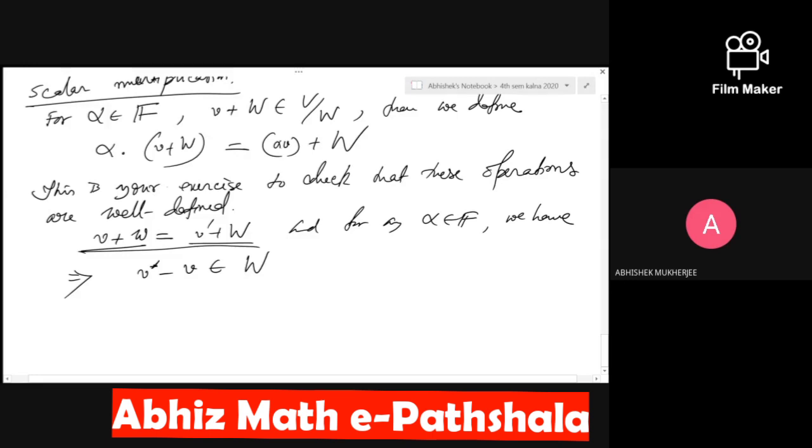This is a basic result of cosets, that is, they are in the same class. So v dash minus v belongs to W. Now since W is a subspace, if we multiply alpha with this, we will have alpha (v dash minus v) also in W. So here we see the need of considering a subspace of a vector space.